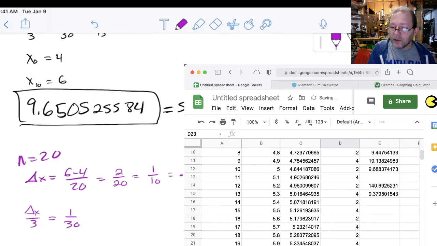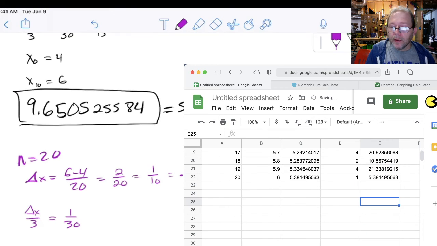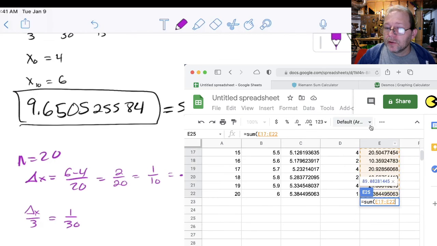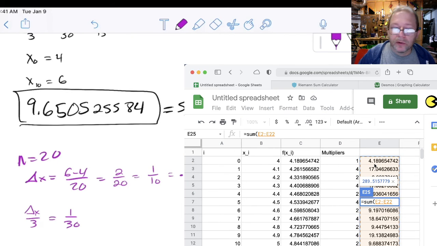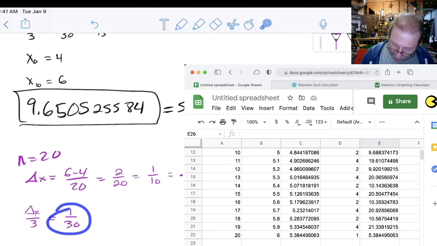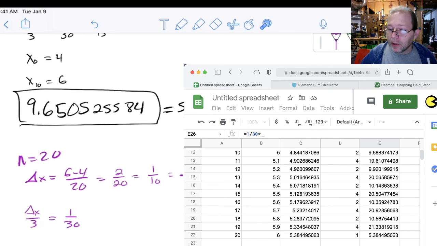Go down until I get to the end, make the last one a 1. Delete those. Copy these down. All right, now I'm going to do the sum of these 20 numbers. Gives me 289. And now, for my approximate integral, I need to multiply that by 1 over 30. So I'll make this equal to 1 over 30 times this number.